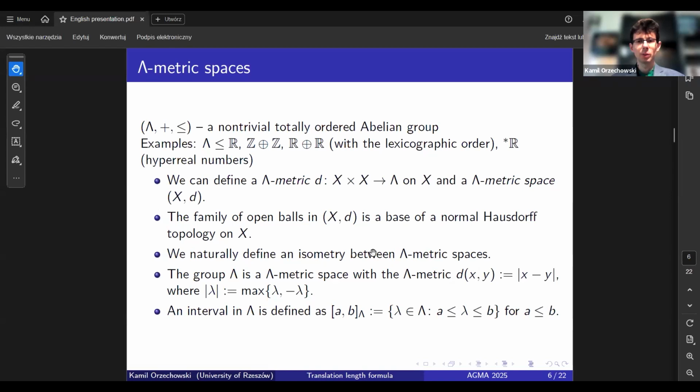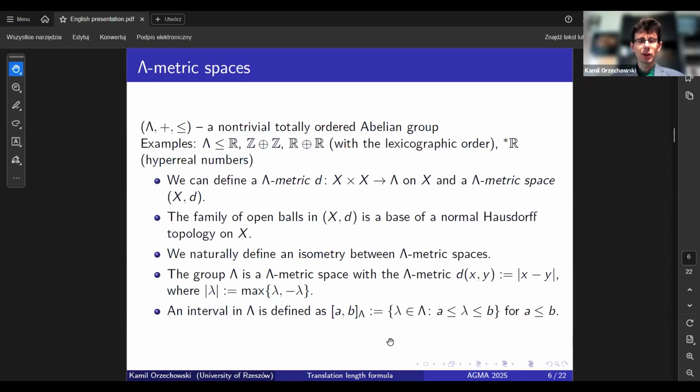The notion of isometry is meaningful. The group lambda itself is a lambda metric space, and we can define an interval in lambda as usual in this ordered structure, the elements between A and B.